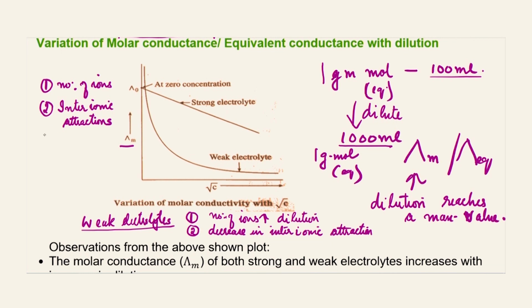Now, let us take the case of a strong electrolyte. The two factors are the number of ions, which is the first factor we were discussing. In the case of a strong electrolyte, you can't say that the number of ions is increasing. Why? Because, for example, if I take sodium chloride, in the crystal form itself it exists as sodium ions and chloride ions.